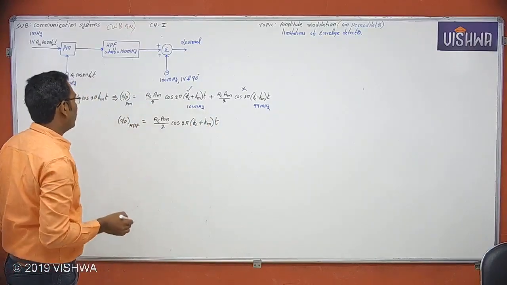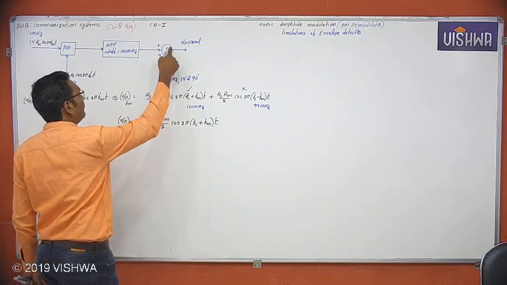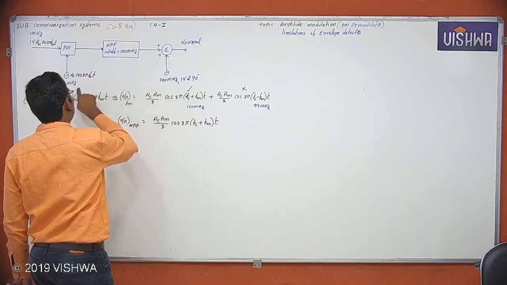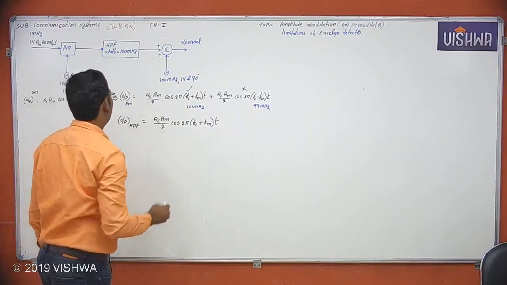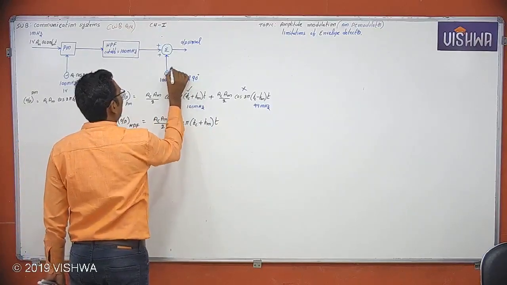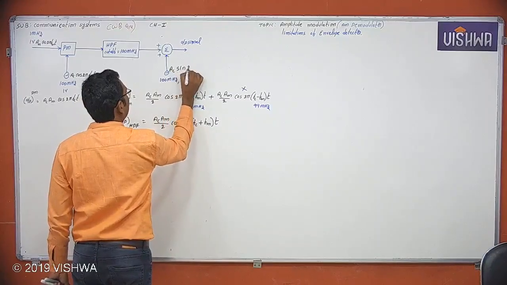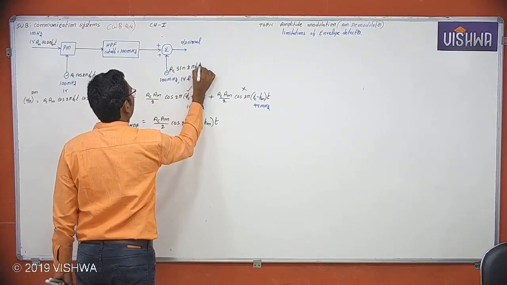Now, this output of the high pass filter is added with the 100 MHz signal, the carrier frequency, 1 volt, that is Ac, but with 90 degrees phase shift. Can I write like this? This is Ac cos, therefore 90 degrees phase shift means sin: Ac sin 2 pi Fc t.